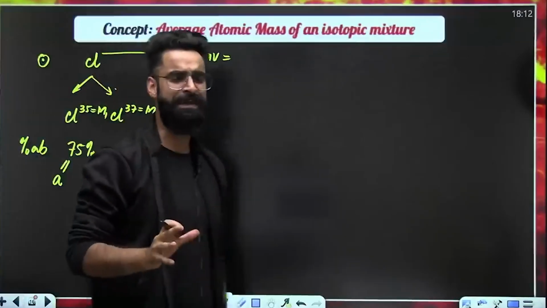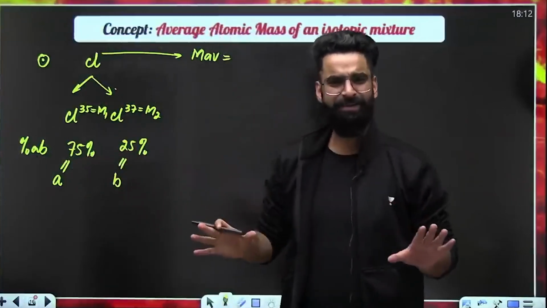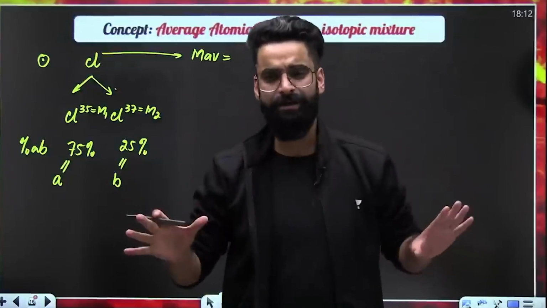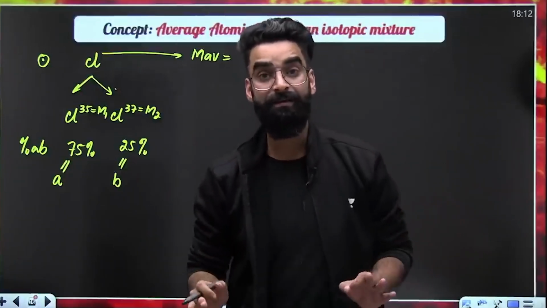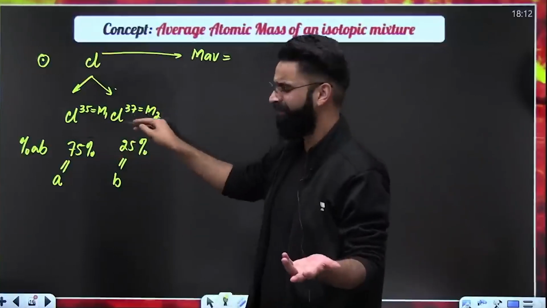So first of all, you must be thinking what these percentage abundances are all about. My dear students, in nature, chlorine exists in the form of Cl35 as well as in the form of Cl37.